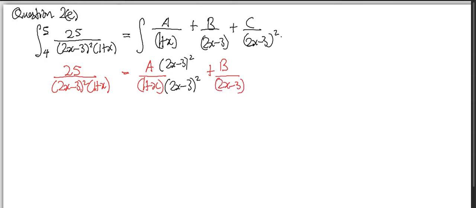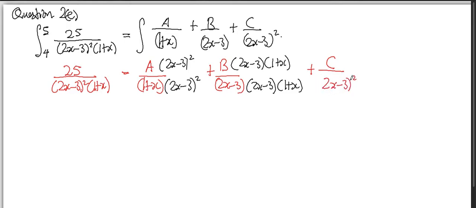What is missing is 2x minus 3 and 1 plus x. These two are missing, so I'm going to write that over here: 2x minus 3 and then 1 plus x. And the last one is C over 2x minus 3 squared.